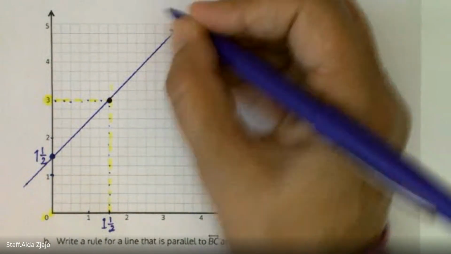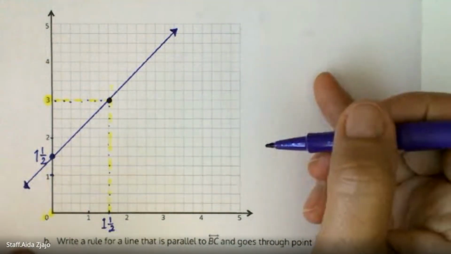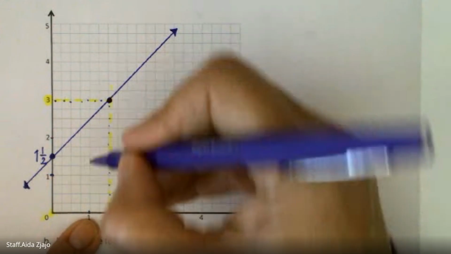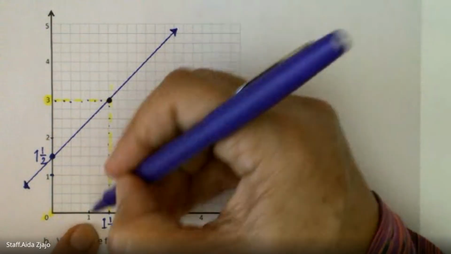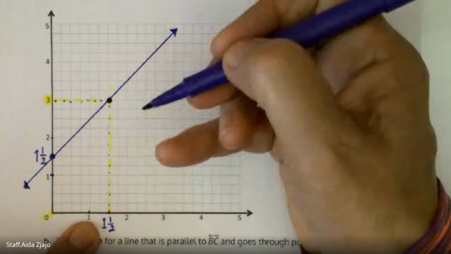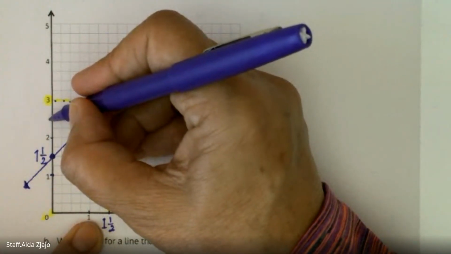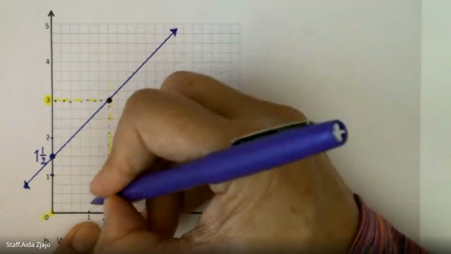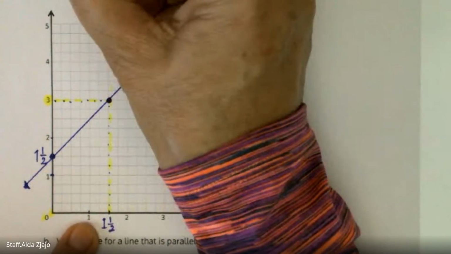Okay. So if this is the line, I can find another point if I want to. If I want x to be 1, then my y would be 2.5. So I choose x to be 1.